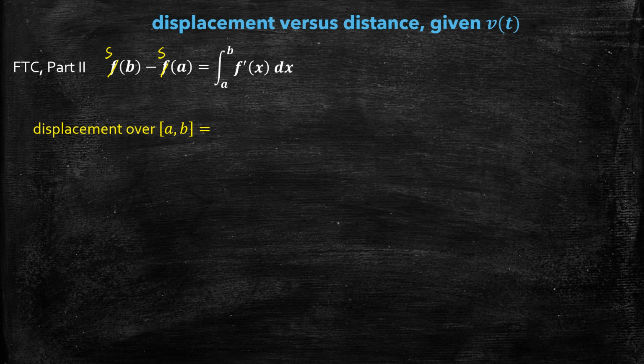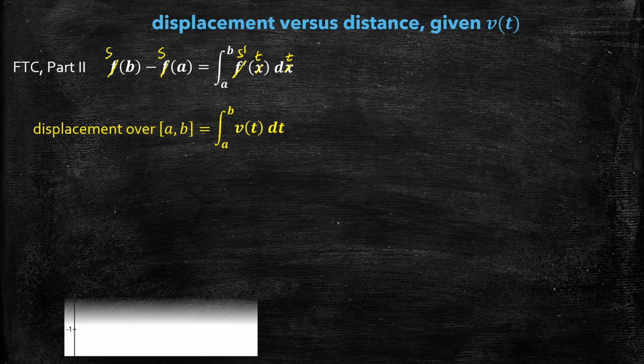According to the FTC, if I replace f prime, we can make that s prime. And while we're at it, we are dealing with t, so let's just replace all of the x with t. Well, what is s prime of t? What is the derivative of the position function? It's just the velocity. So the area under the velocity curve from A to B will give us the displacement.